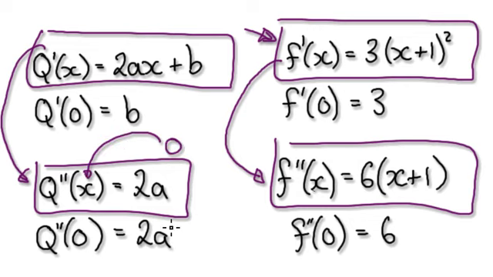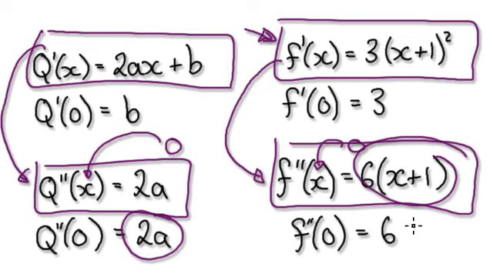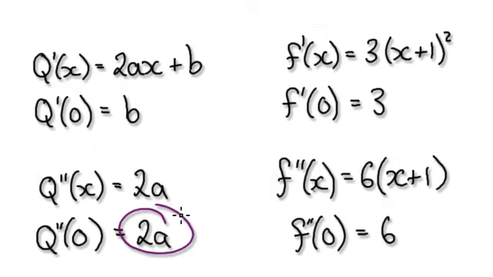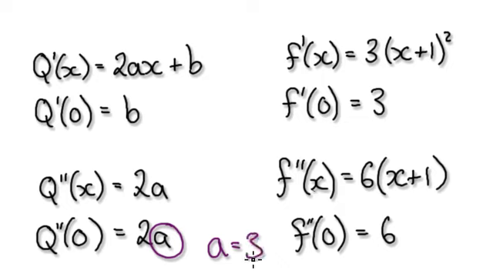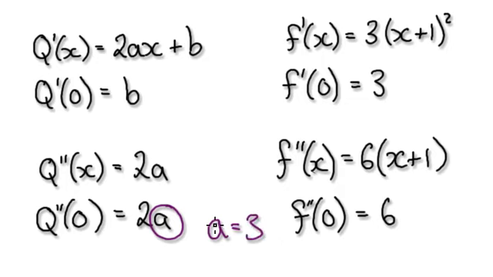So put 0 into here, and then the second derivative of the quadratic will be this. And looking at our original function, the second derivative at x equals 0 will be 6. So now set this to be the same as this, and so a here must be 3. So now we've got a, b, and c.